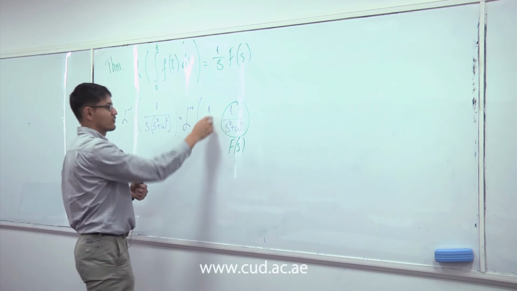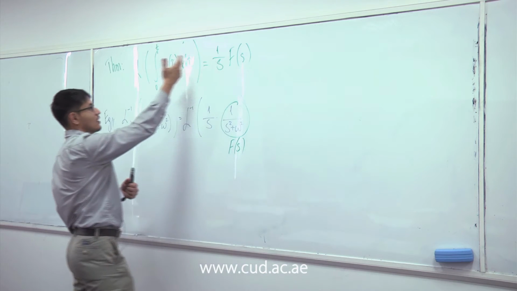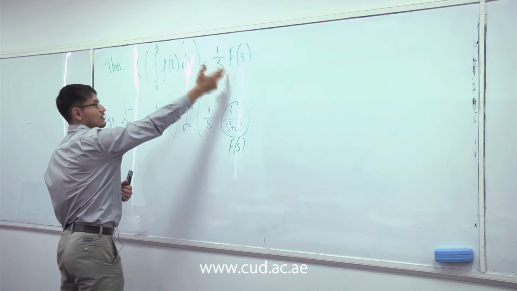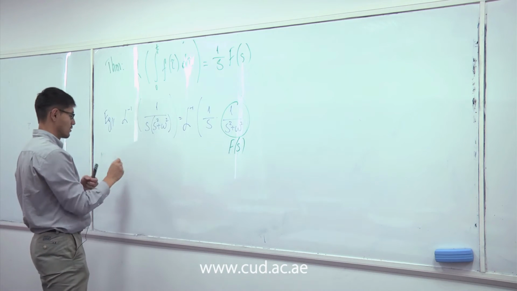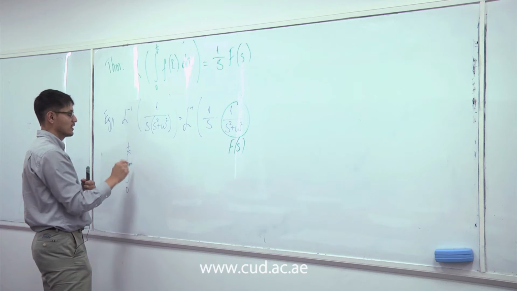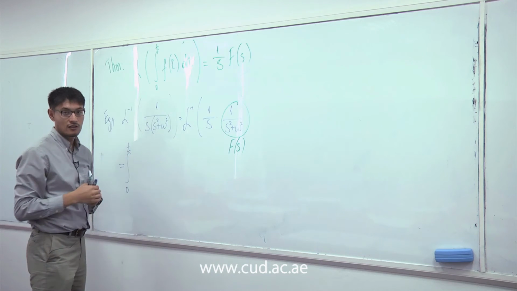Okay, so I have 1 over s times capital F. If I want to find the inverse transform, I have to take the integral of little f. So it's the integral from 0 to t of little f of tau.